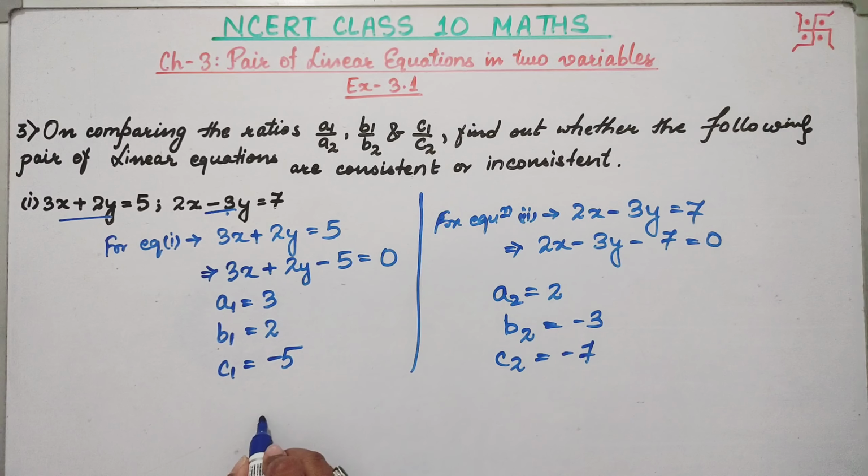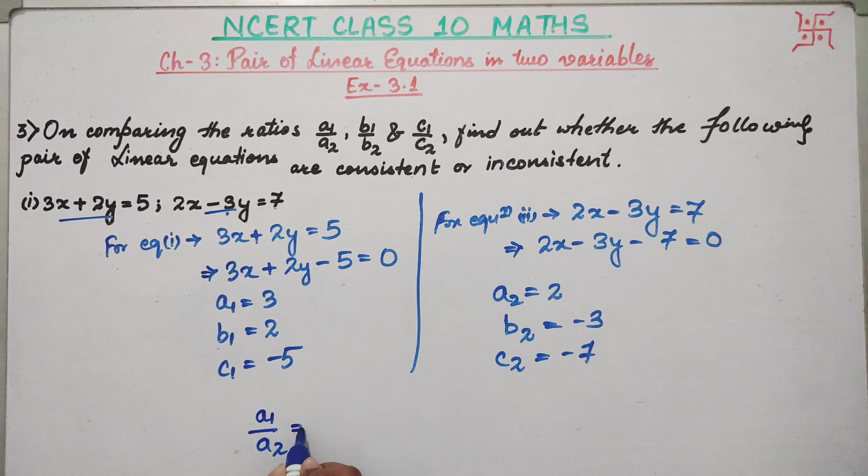Here we can see that a1 by a2 is 3 by 2, and b1 by b2 is minus 2 by 3. Hence, a1 by a2 is not equals to b1 by b2. Now we have the conditions over here.